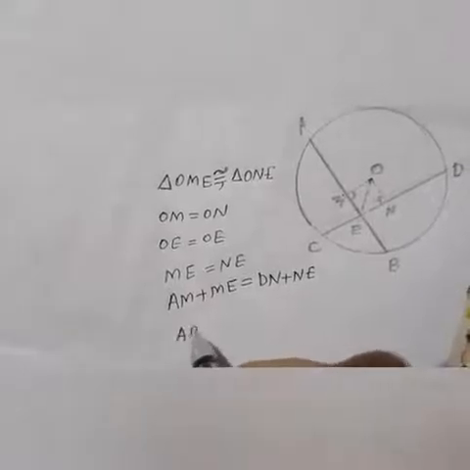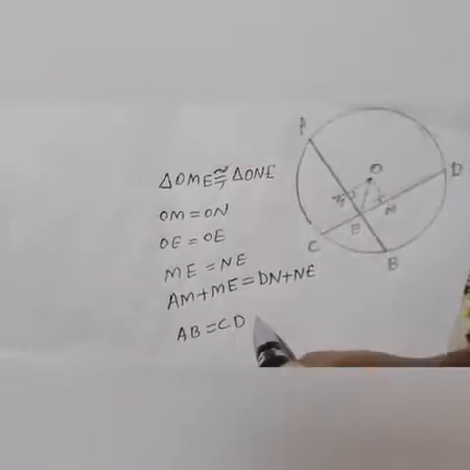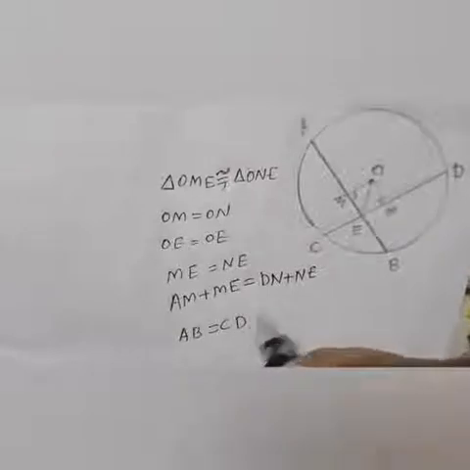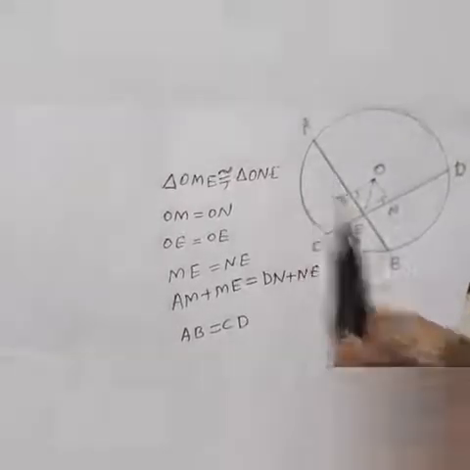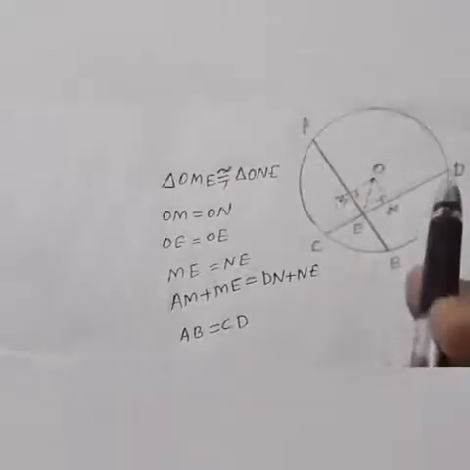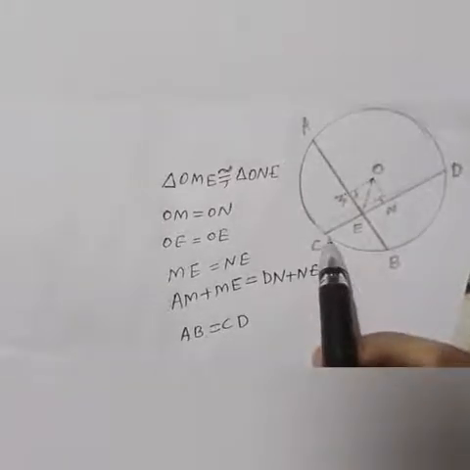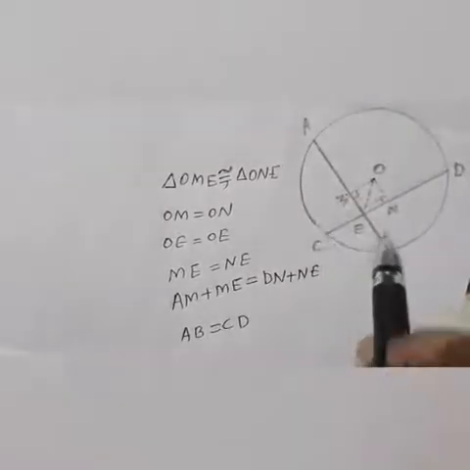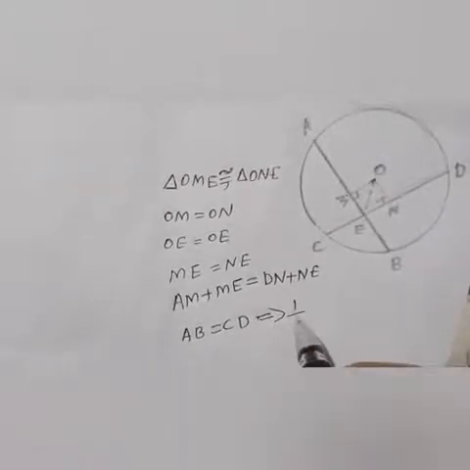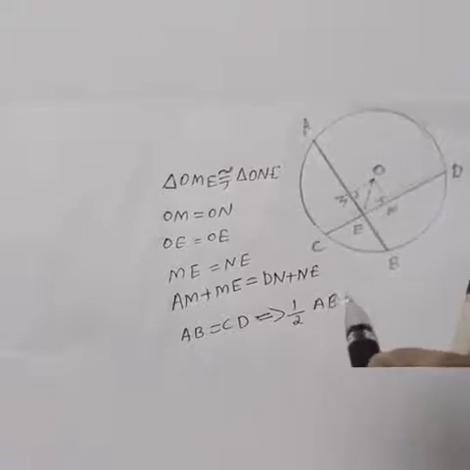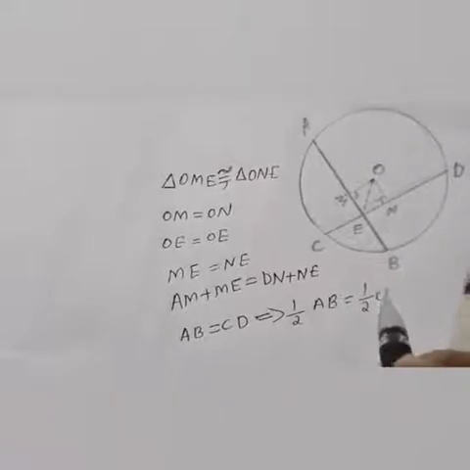Now AB equal to CD. Why? AB means this chord and CD means this chord. That is already given in the statement, and this implies half AB is equal to half CD.